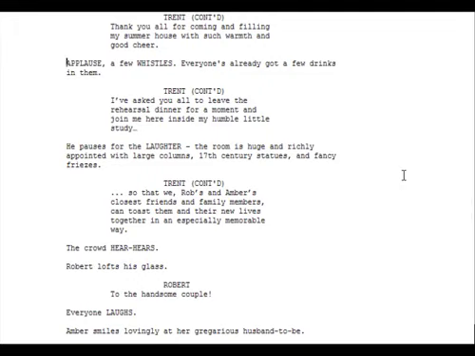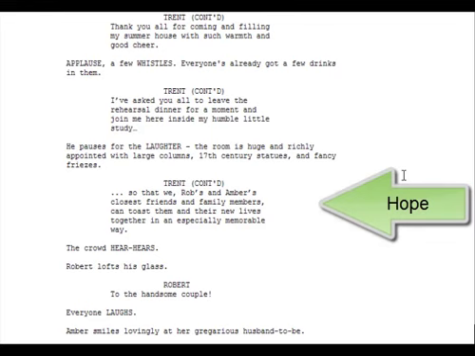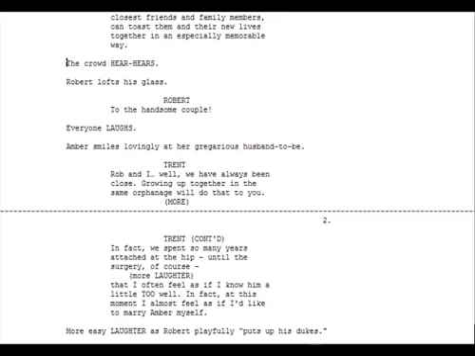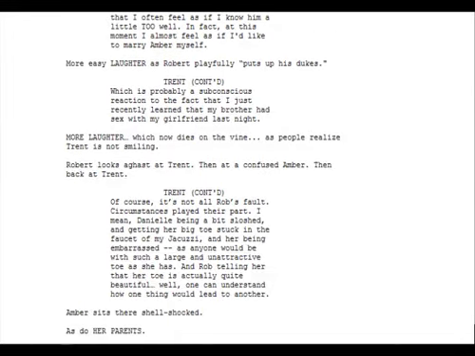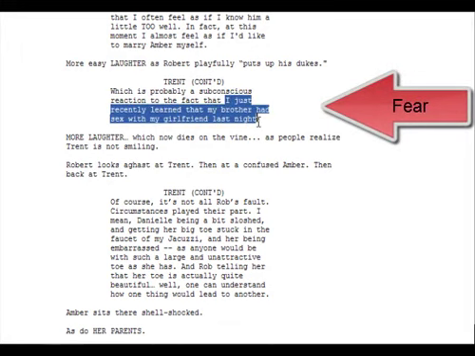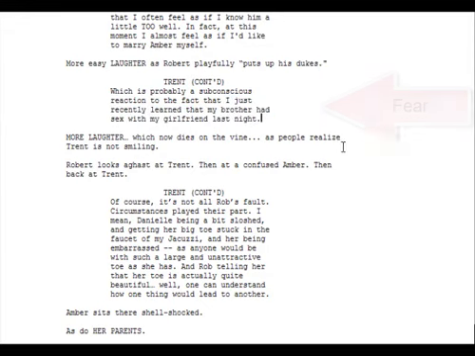So it starts out with hope there, and then we go down a little further, and here it is right here: I recently learned that my brother had sex with my girlfriend last night. Now, there's a whole series of things that happen in this one line.